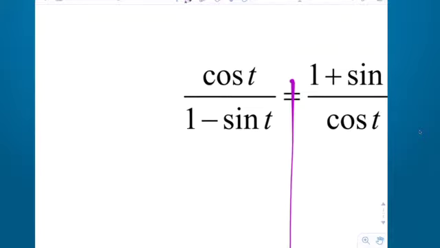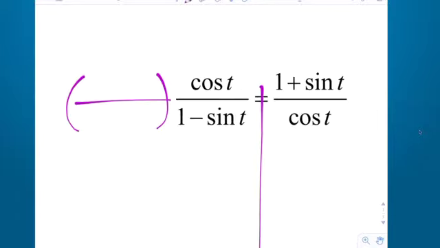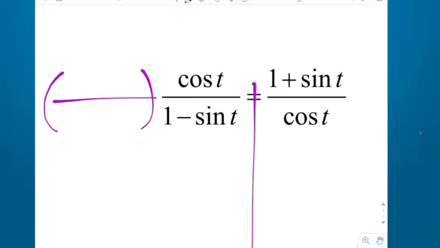So here's a new strategy. We're going to multiply the top by a clever form of 1. And you can do this on either side. All right, so the first thing that I'm going to show you that makes sense is if I could get this to be 1 minus sine squared, I could call it a cosine squared, which would give me a cosine factor in the bottom like I want on the right. Well, how am I going to turn that into a 1 minus sine squared?